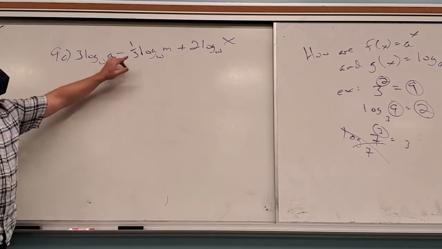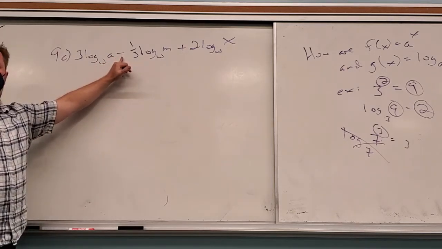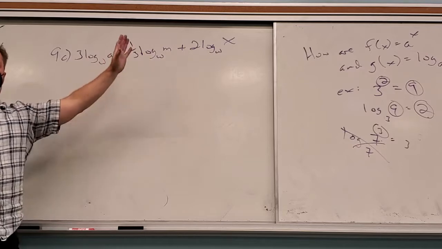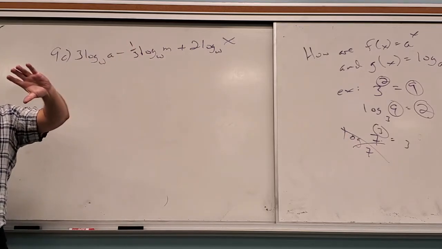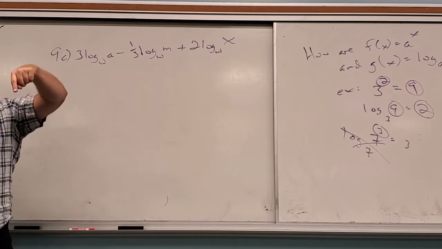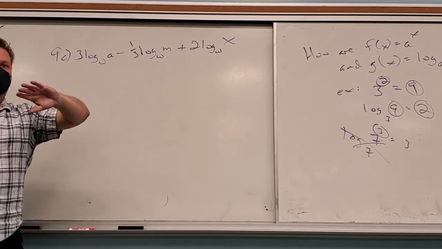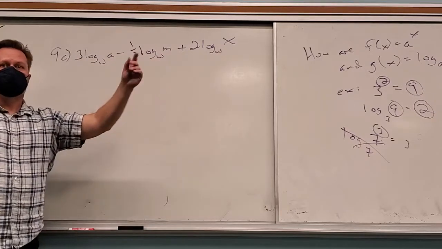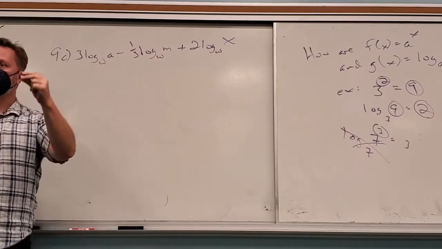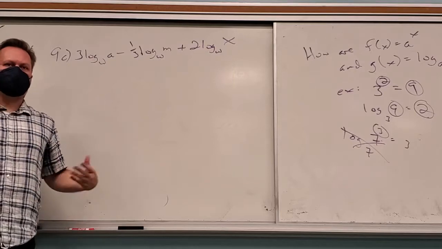So do you see how these two logs want to subtract? If I had log minus log, I can make that log of the quotient, right? That's the rule. But there's something in the way. I don't have any rule that tells me what 3 logs minus 1/3 of a log does. So 3 and 1/3 are in the way again. How do I get them out of the way?